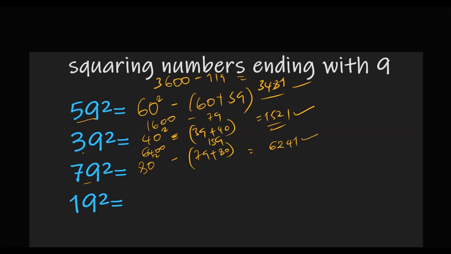How about 19? So here you promote 19 to 20 squared, which gives you 400. You subtract 19 plus 20, which gives you 39. So this one gives you basically 361. Okay, you have your answer, and go home. Yeah, finish your home assignment.